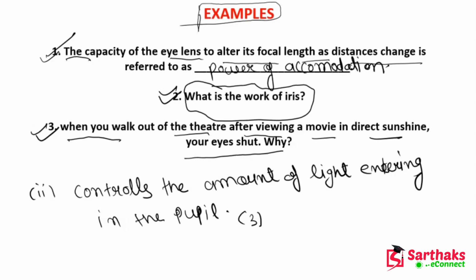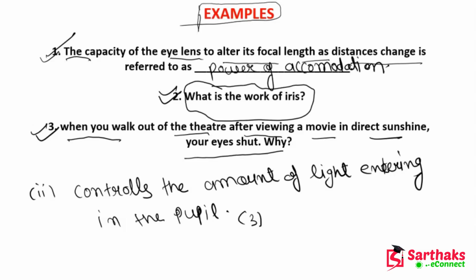But what happens when we suddenly go outside into sunshine? Lots of light starts coming into our eyes very quickly. A large amount of light comes into our eyes suddenly.